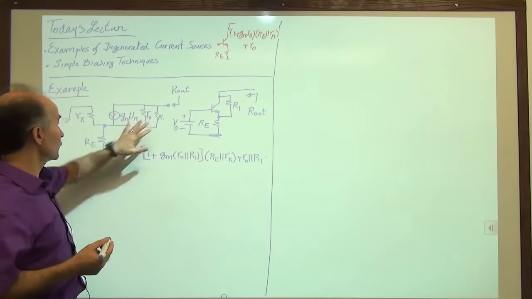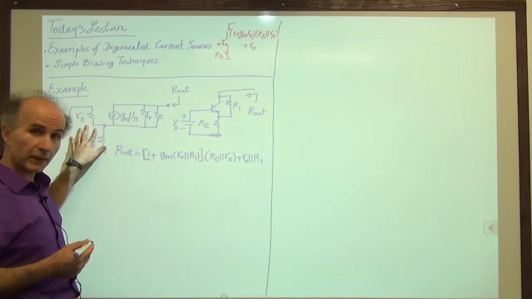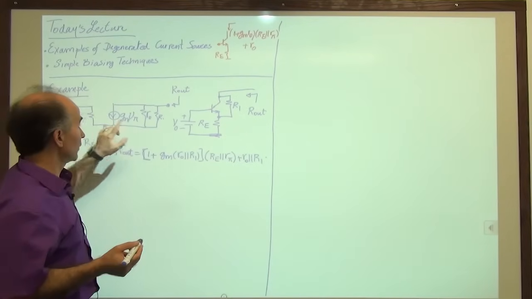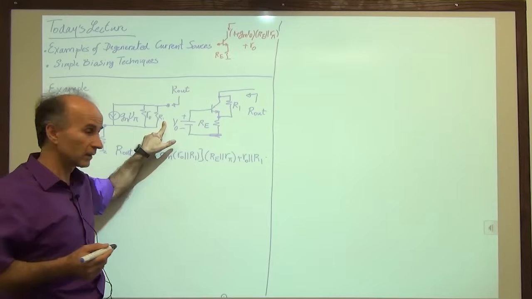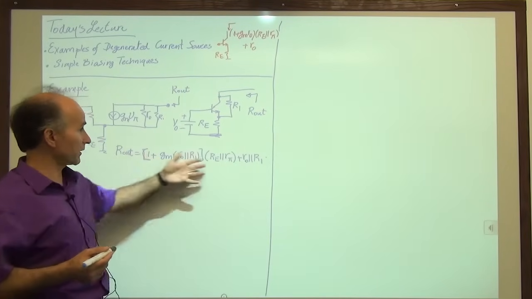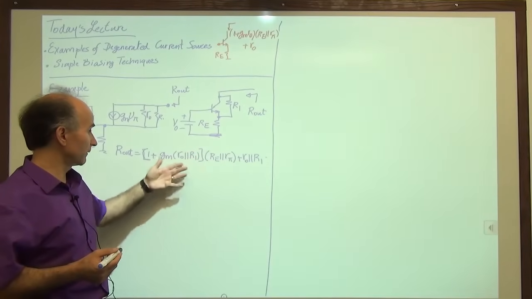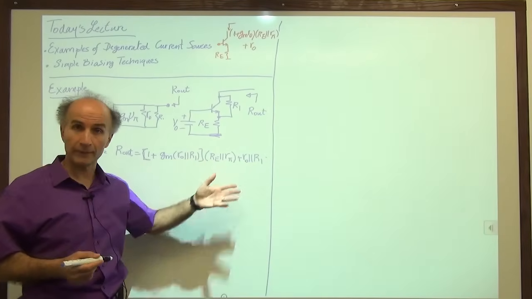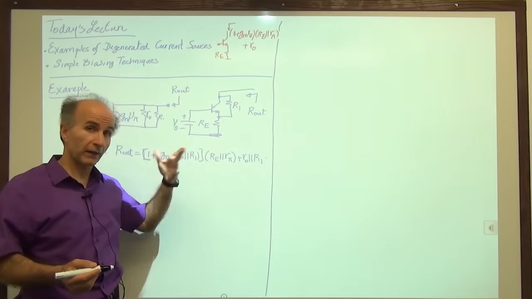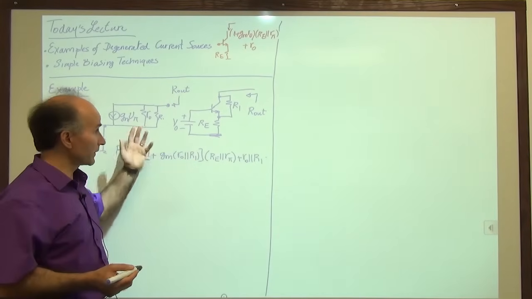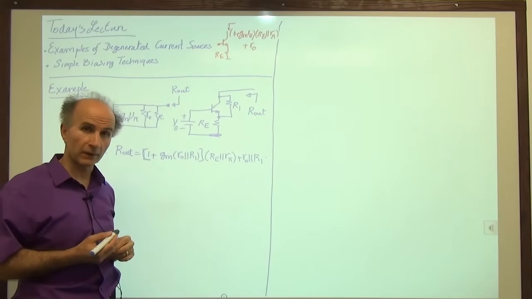Because if I just write the equations for this circuit and not realize that RO and R1 are in parallel, what do I get at the end? I get some big expression here that has RO times R1 divided by RO plus R1, etc. It's a big mess. But by recognizing these little features, we can readily write the result.